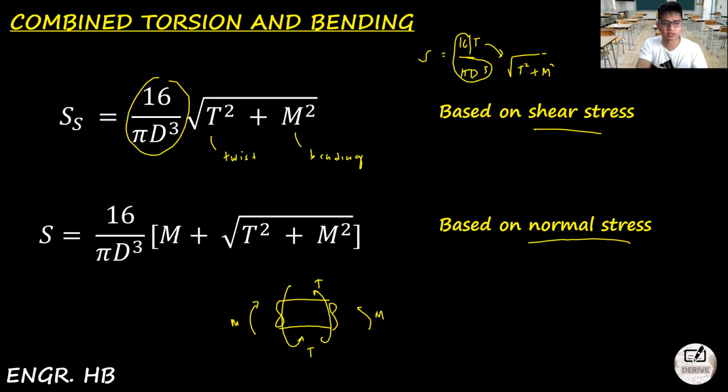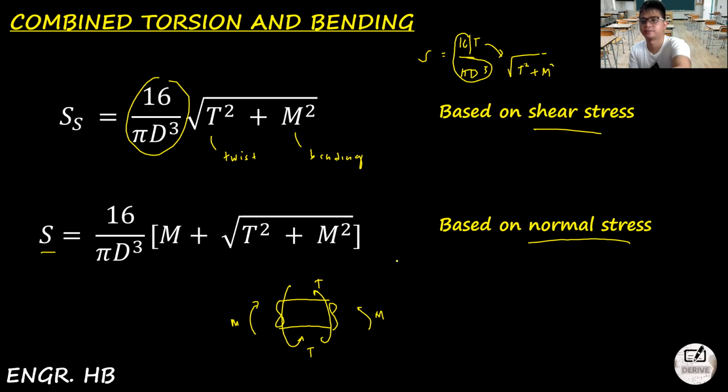Magpo-post din tayo ng another video for that, pero sa ngayon, since this is a review, para lang ma-refresh tayo, so ito lang muna. So 16 over pi d cubed times M plus square root of T squared plus M squared, so that was equivalent to our normal stress. So again, this is the normal stress and this is the shear stress. Mas mahaba yung formula ni normal stress. Okay, so that was our combined torsion and bending, or what you call that, combined stresses.